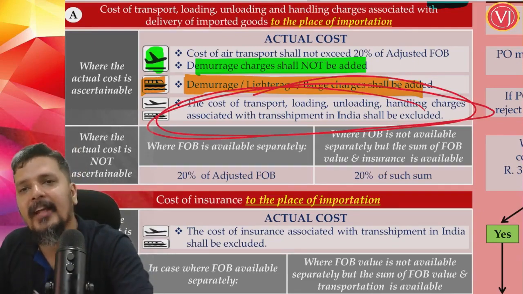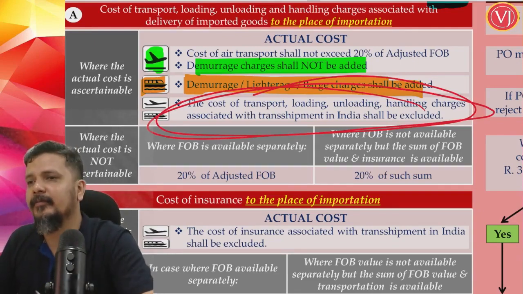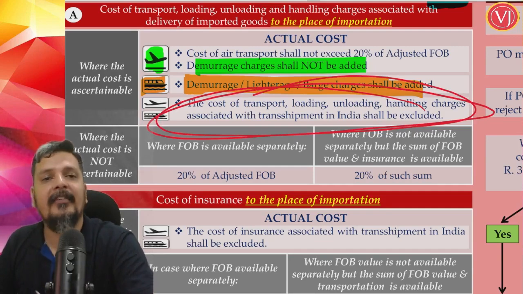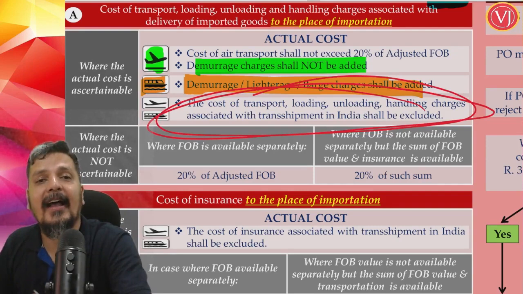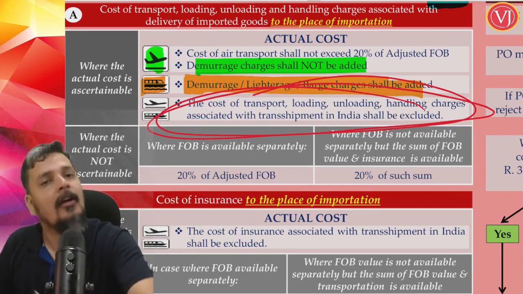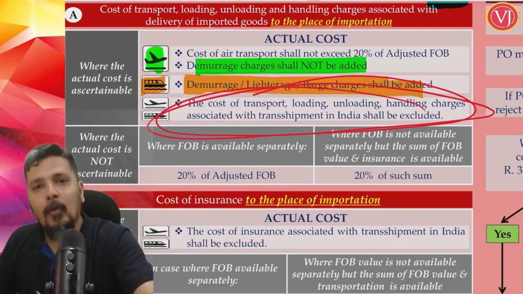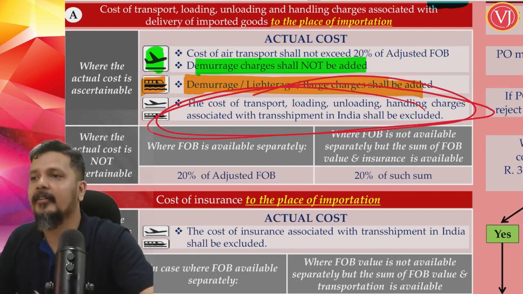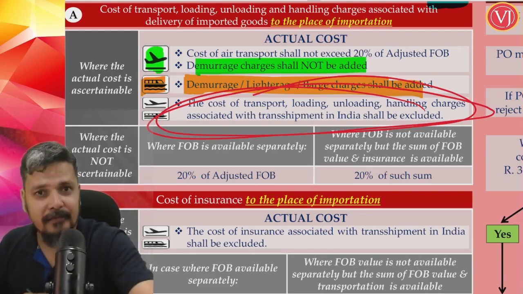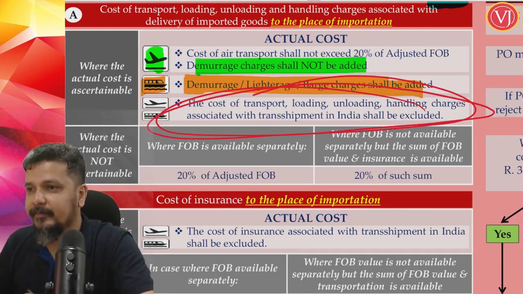From Chennai port, they are going to Coimbatore, not to be added. From Chennai port, they are going to Delhi ICD, which is another port, not to be added. From Chennai port, they are going to a public warehouse, not to be added. The import continues, but not to be added.